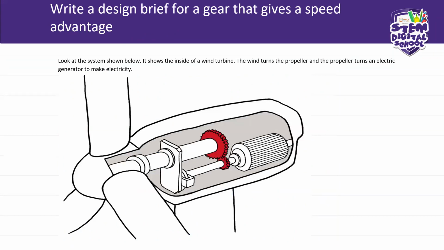Right. This is another gear system of a wind turbine. Where can you get a wind turbine? Can you think of a place where you can get a wind turbine?